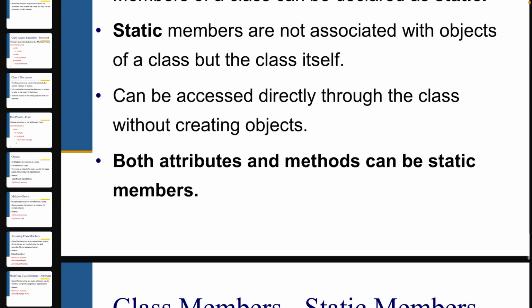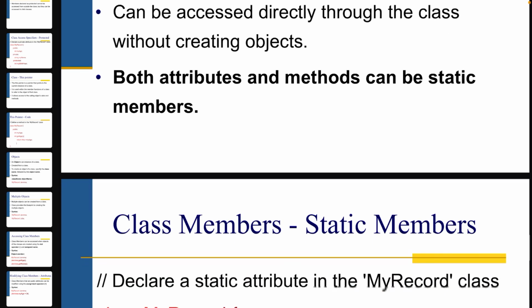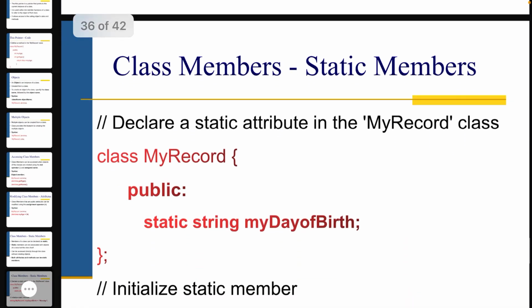Both attributes and methods can be static members. Class my record, public, then static string my date of birth.